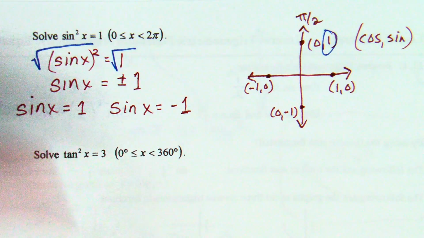So on the first one, x equals pi over 2. When does sine x equal negative 1? Down here at the bottom, which is 3 pi over 2. So we have solutions of pi over 2 and 3 pi over 2.